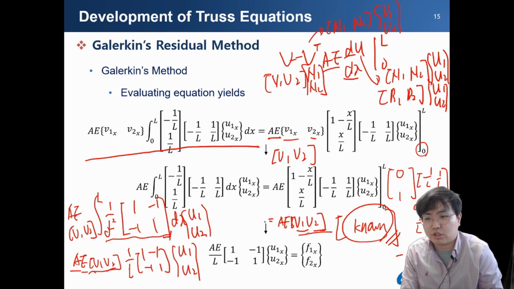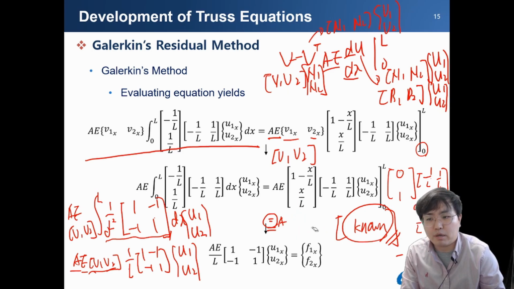To match this equation, v1 and v2 are arbitrary values. Although v1 and v2 are arbitrary, we can make this equal condition by what?